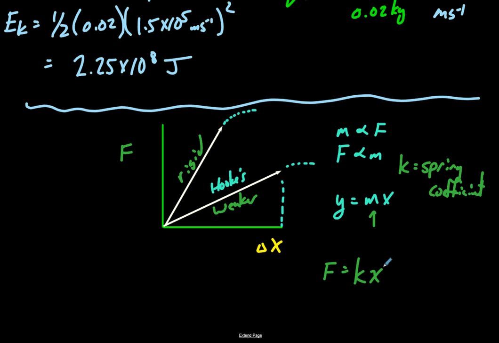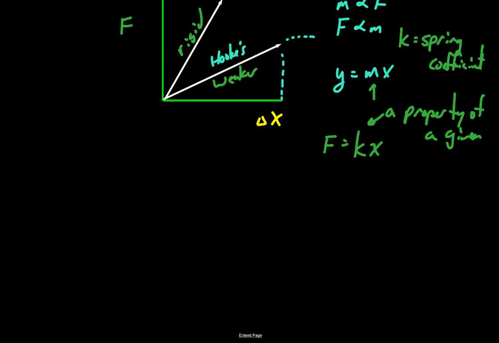How far my spring is stretched relies on how much force I have, and they become equal through a coefficient, which just essentially converts the force to what I will get for that particular spring. k is a property of a given spring. Every spring will have a slightly different k value, and there can be vast ranges of k values.